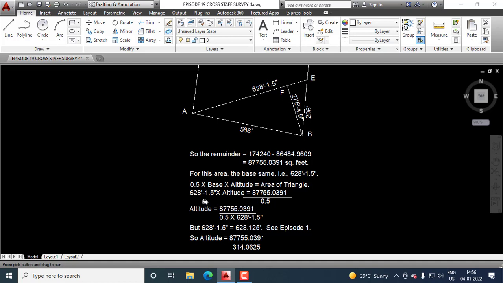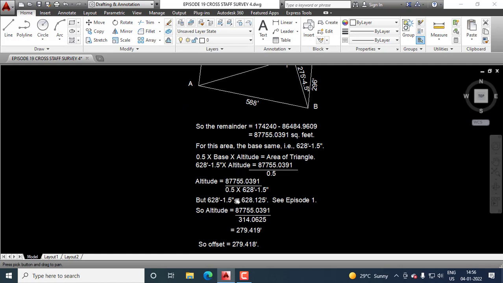So base into altitude is equal to area of triangle by 0.5. The base is 628 feet 1.5 inches, and the altitude is 87,755.0391 by 0.5. This altitude we don't know, we have to calculate it. So altitude is equal to 87,755.0391 by 0.5 into 628 feet 1.5 inches.